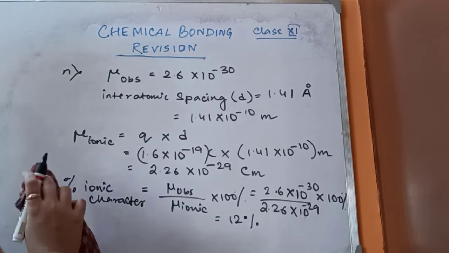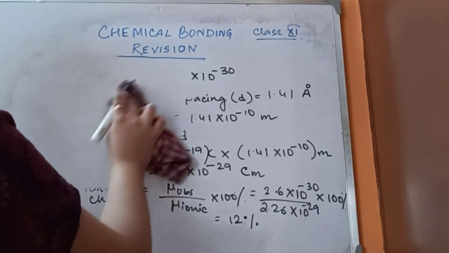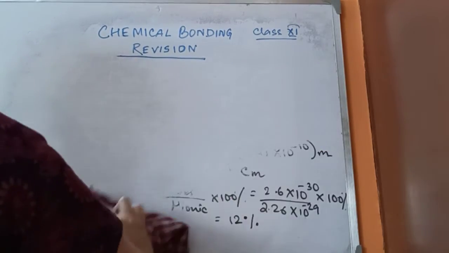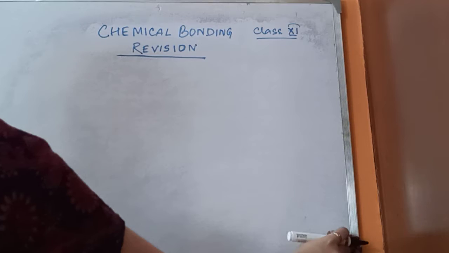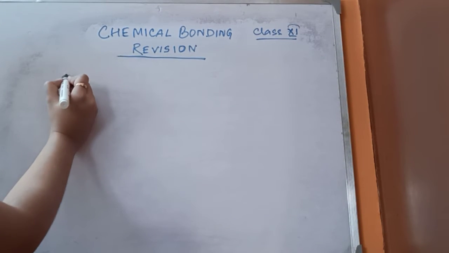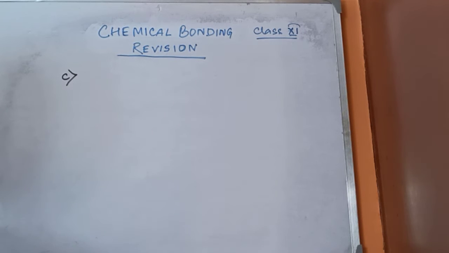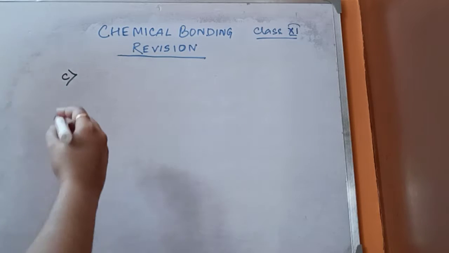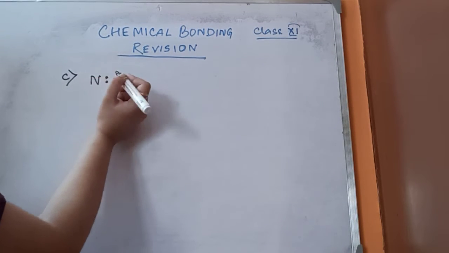Next I will come to question number C. Question number C states that nitrogen forms trichlorides only, whereas phosphorus forms trichlorides as well as pentachlorides. Now look at nitrogen.